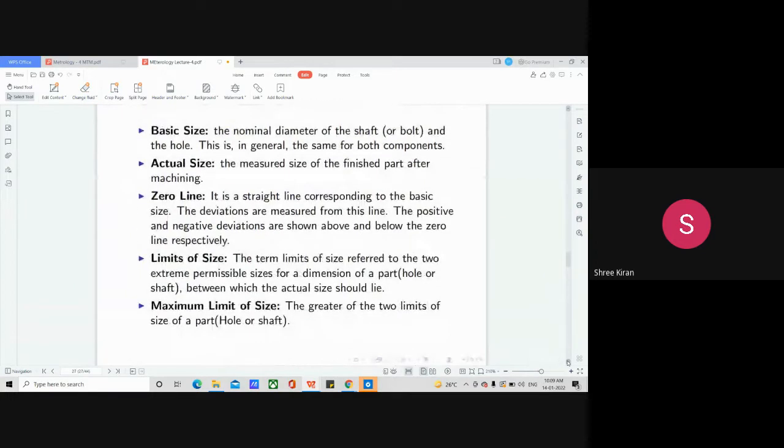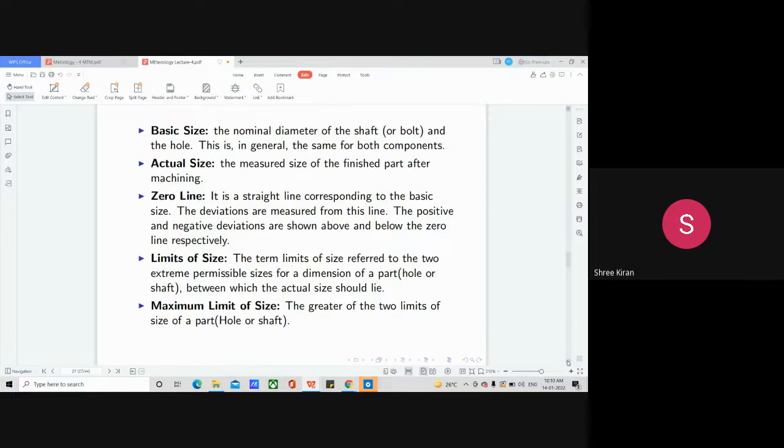The term limits of size refers to the two extreme permissible sizes for the dimension of a hole or shaft, between which the actual size should lie. Just look at the figure and think about what we are saying.